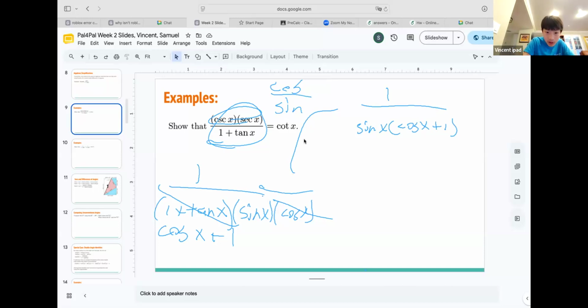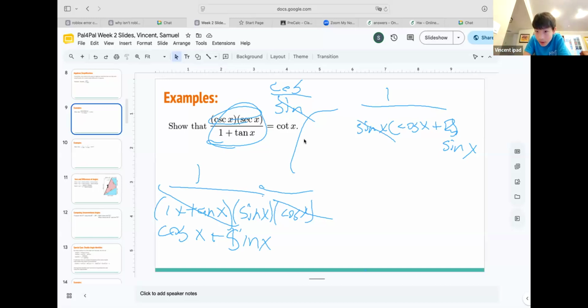Oh shoot. This should be cosine plus sine. Yeah, my bad. What I did wrong, 1 over cosine. So we just need to show that cosine x is 1 over this ugly expression.